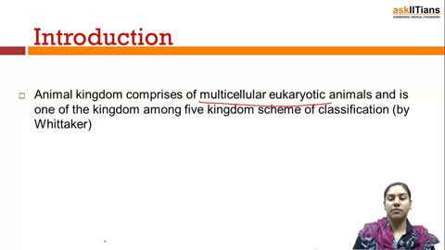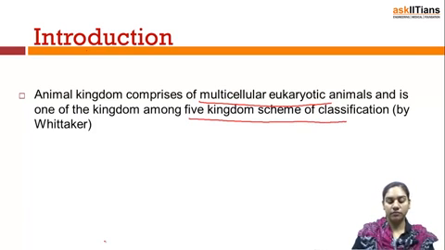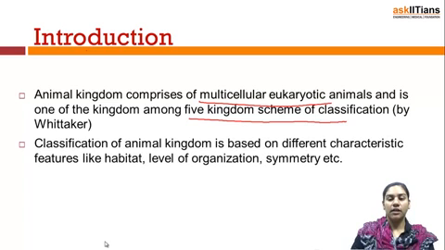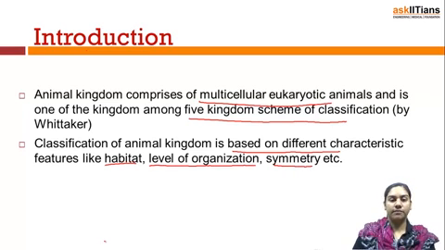That is the 5 kingdom classification scheme. The classification of animals is based on different characteristics, and the main features are the habitat, level of organization, symmetry, etc.